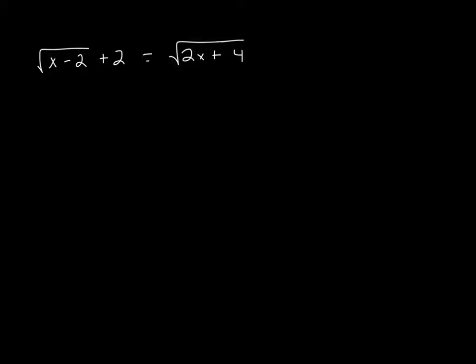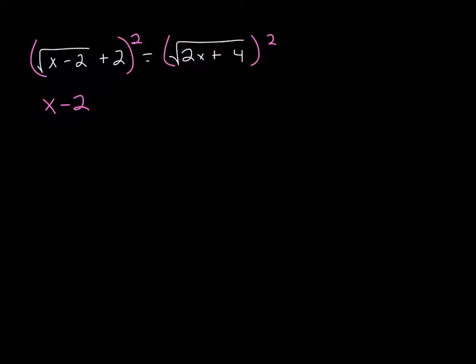Okay, we do have a radical on both sides this time. But remember, when you square a side, you have to square the whole side. So on the left, this is like squaring a binomial. The radical is a term. That's our first term. And when we square that, we do get x minus 2.